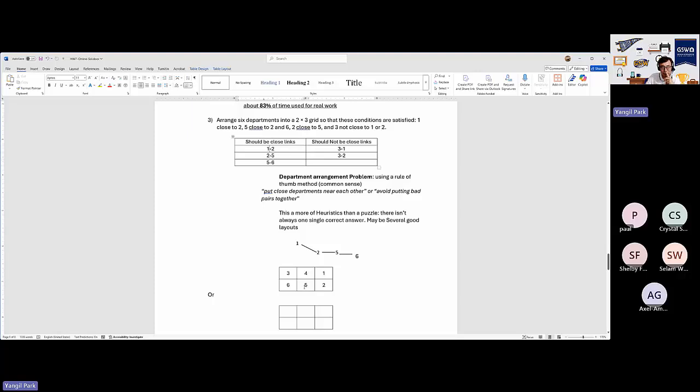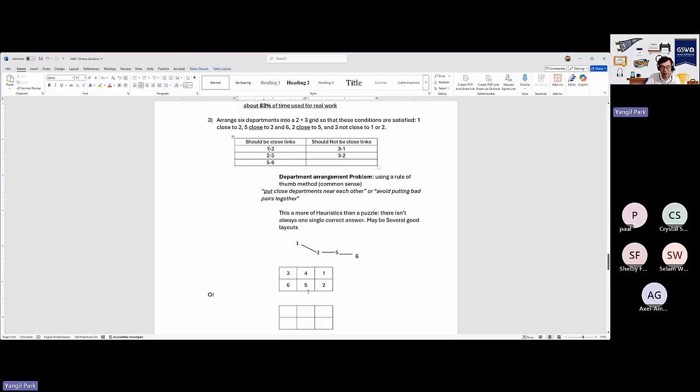And because 5 and 6 need to be connected, 6 is here. And then the remaining numbers are 3 and 4. So 3 and 1 should not be close. So 3 is far away from 1, then 4 doesn't matter because 4 was not mentioned. So that's one way to do it, right?